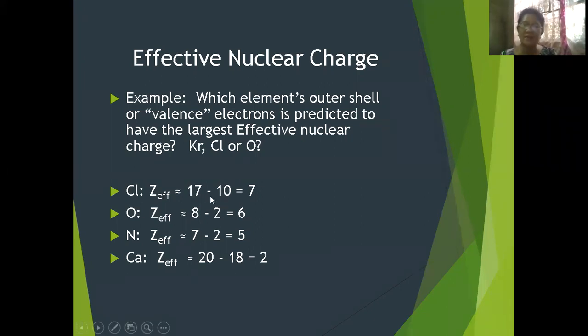So 17 minus 10 is 7. Then oxygen, the atomic number is 8. Then 2, 8, so the N is 2. 8 minus 2 is 6. So among these, ang pinakataas is the chlorine. Chlorine has a higher effective nuclear charge.